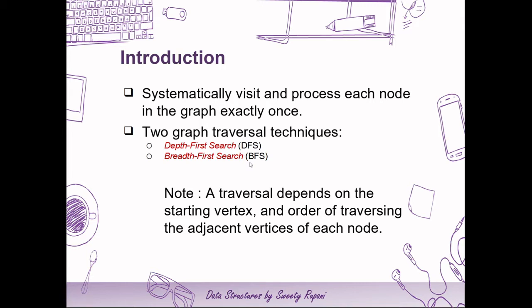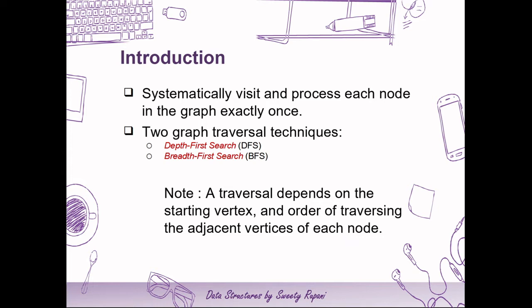The BFS and DFS traversal for a particular graph G won't be unique, because a traversal depends on both the starting vertex and the order of traversing a node, as well as how many adjacent vertices there are for each node. So if you take the same graph and find a DFS or a BFS traversal taking a different source vertex, of course the traversal would differ.